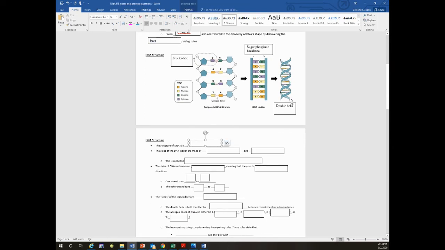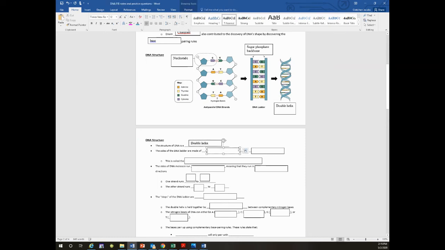All right, so as we mentioned here, when we look at this twisted ladder, we would consider these the sides of the ladder and the steps of the ladder. Our shape that we coil into is called a double helix. The DNA structure is a double helix.